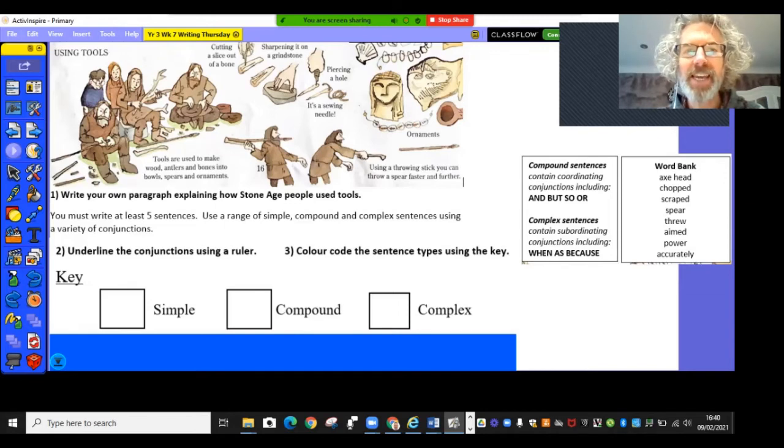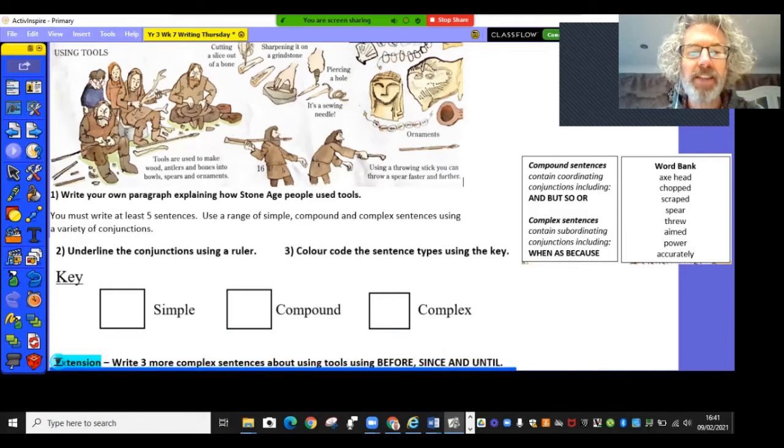Your word bank today contains hand axe, chopped, scraped, spear, through, aimed, power, accurately. Remember, we are writing in the past tense. If you'd like that extended, then I'd like you to then write 3 more complex sentences about using tools, using before, since, and until.